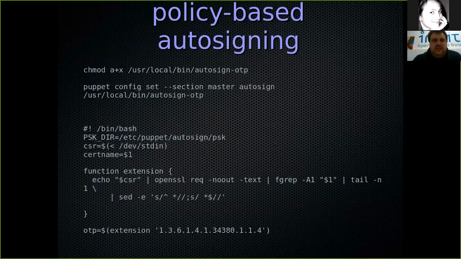This still yields a bit of trouble because any old person can now connect to your Puppet master and basically mimic any infrastructure you're building. So Puppet has a built-in feature called policy-based autosigning, where the Puppet master can reference an external script to check if it is allowed to sign the certificate.